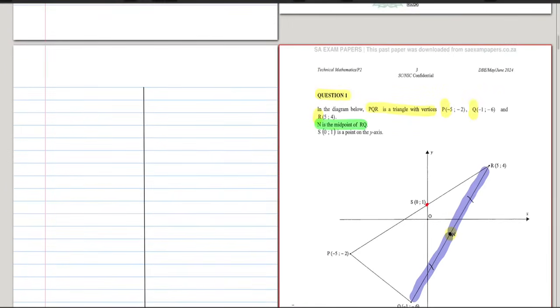Because I dedicated only 1 page for each question, I'll try to squeeze all the calculations under 1 page. So we have question 1, being analytical geometry. Now we're going to answer question 1.1.1.